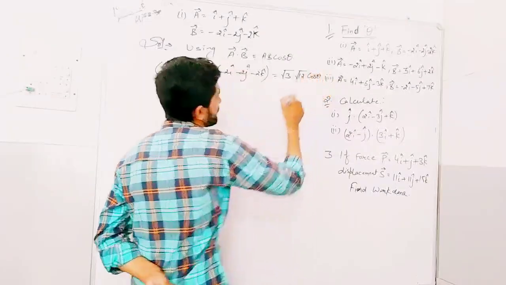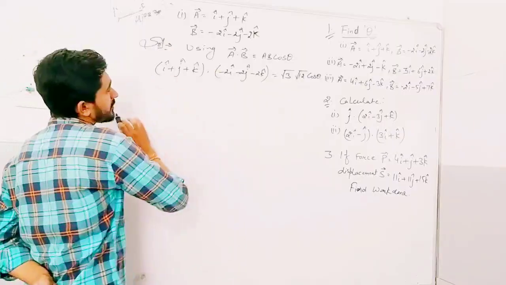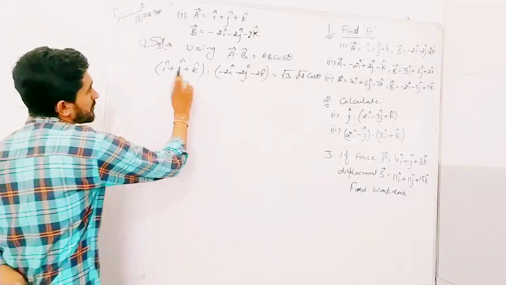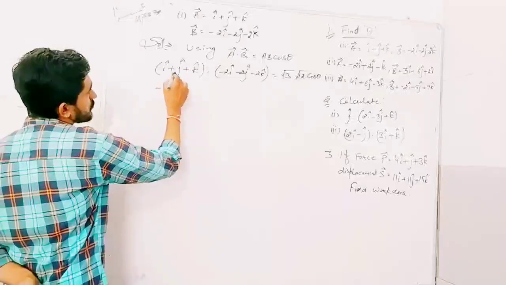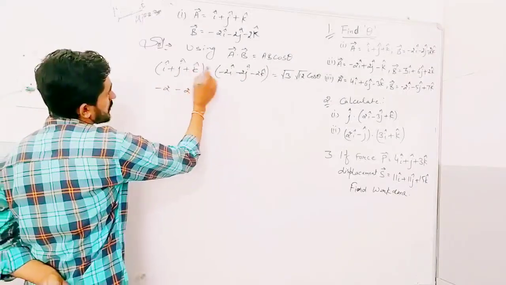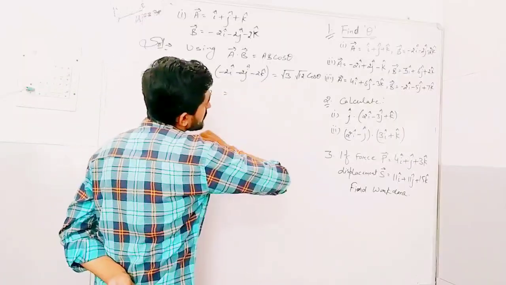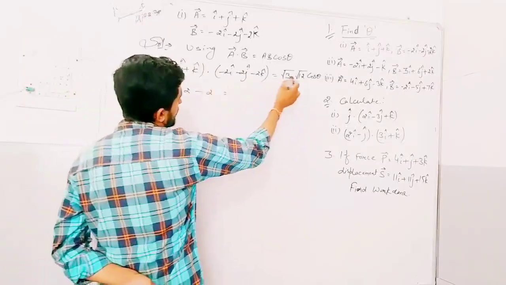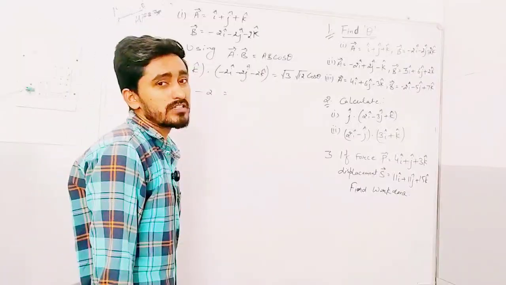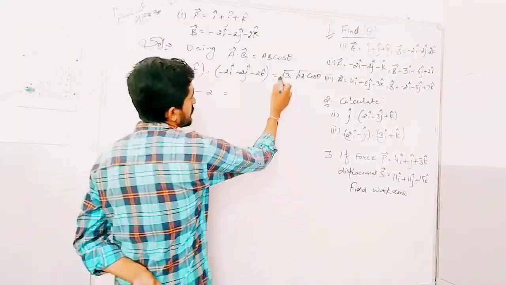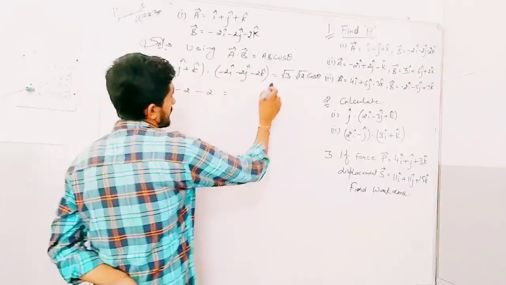Times cos theta. Here we multiply i cap into i cap, j cap into j cap, k cap into k cap, which gives minus 2, minus 2, minus 2, so this is minus 6. The root does not cancel the other root, so we have to multiply them.